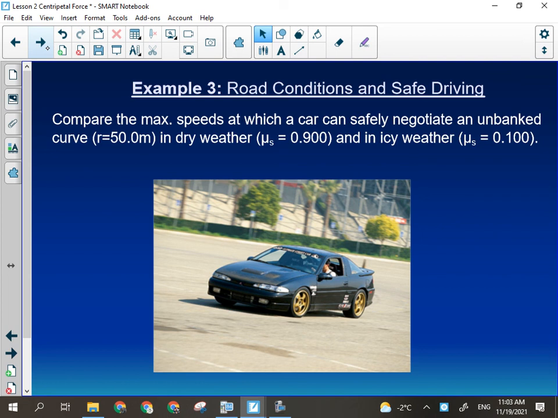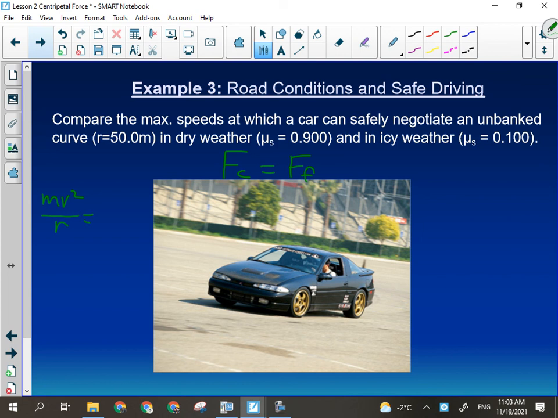So that means friction is acting as the centripetal force. So Fc equals the force of friction. Fc is not its own force. Fc is provided by other forces. So the formula for centripetal force is mv squared over r.